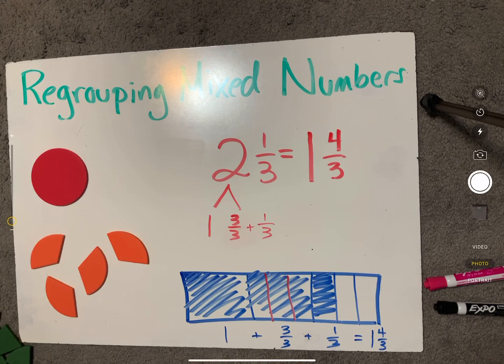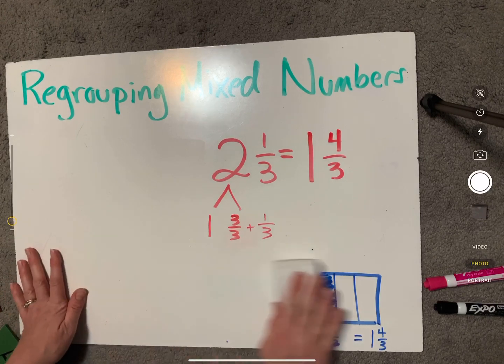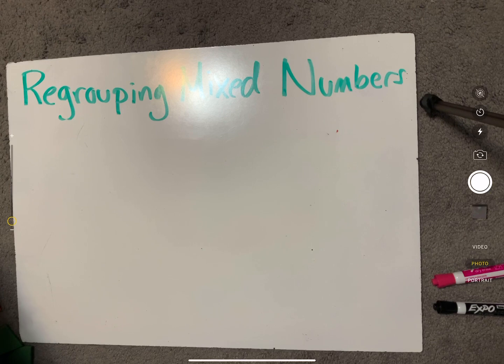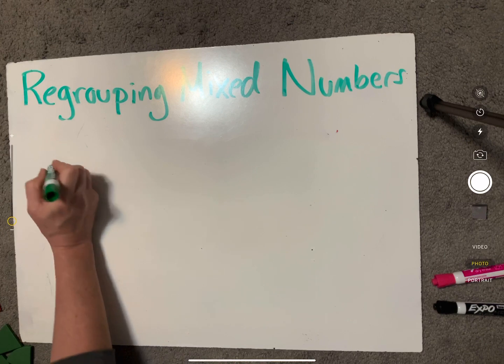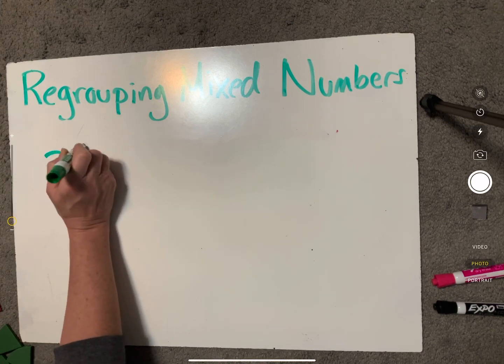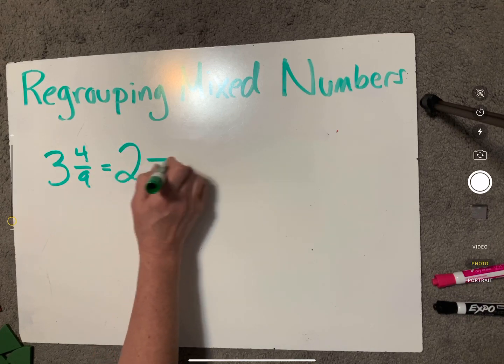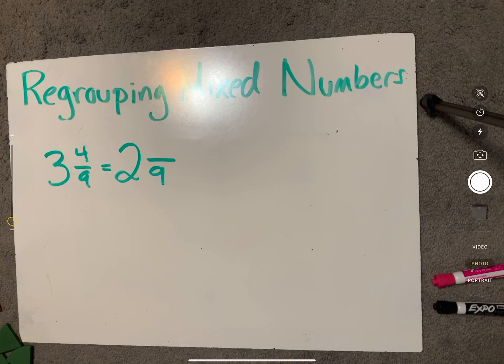And now I want to do a couple of examples so that we're ready to go here. So here are a few examples. So let's practice some where we're writing the numerator, because this is what you'll see on your worksheet. So if I have 3 and 4/9, what would my numerator be if this is what my regrouped fraction looks like.